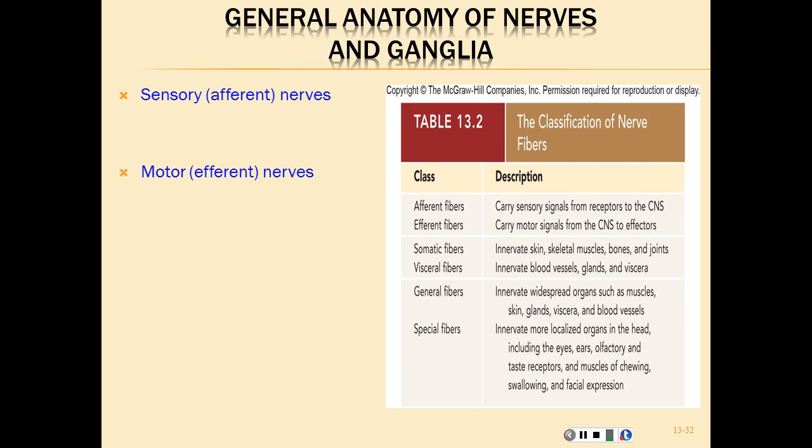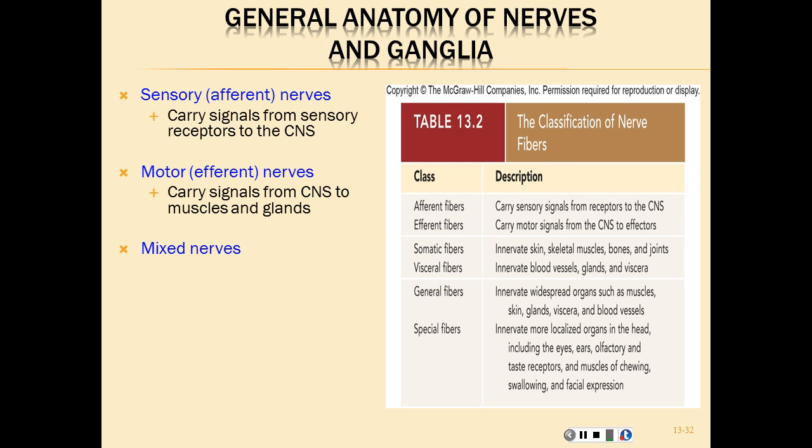Now the PNS, the peripheral nervous system, nerve fibers are of two kinds. We have sensory fibers and motor nerve fibers. Both can be classified as somatic or visceral, and as either special or general. Now nerves can be classified as either sensory, motor, or mixed. Sensory nerves are composed only of afferent fibers and are rare, and include olfactory and optic nerves.